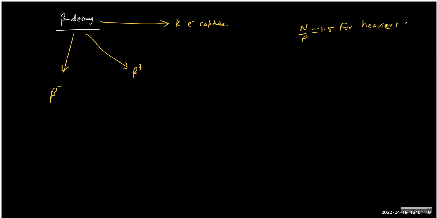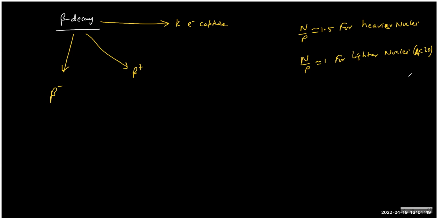The neutron upon proton ratio is roughly 1 for lighter nuclei. You can call it Z less than 20 maybe, or A less than 20. So for lighter nuclei, the N by P ratio we expect is close to 1. For heavier, we expect close to 1.5.